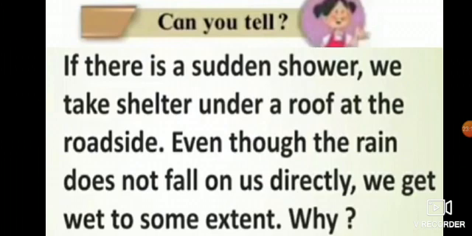Suppose you are walking on the road and suddenly it starts raining. So what will you do, girls? Naturally you will take shelter. But where? You will either take shelter under the roof or under the tree at the roadside. Correct? Near the road.